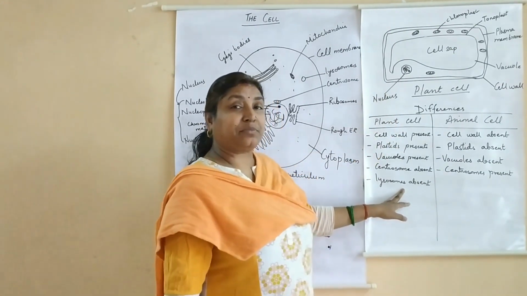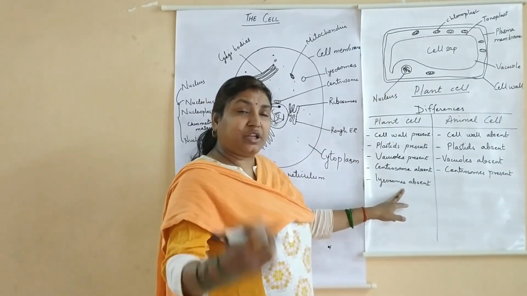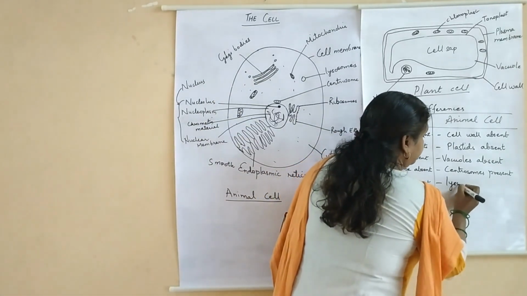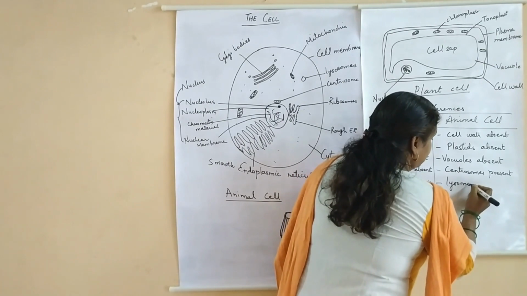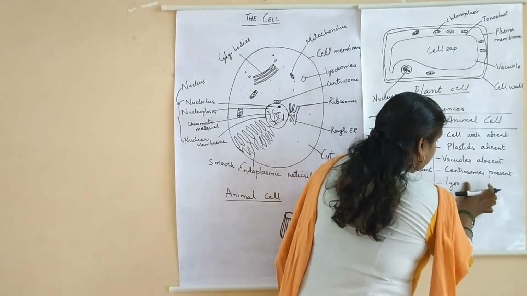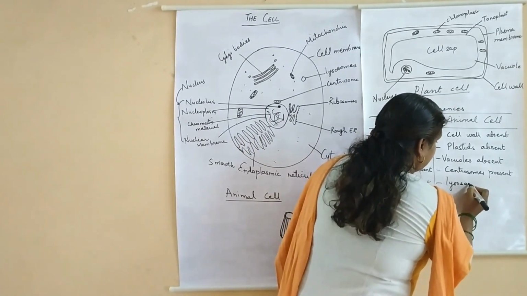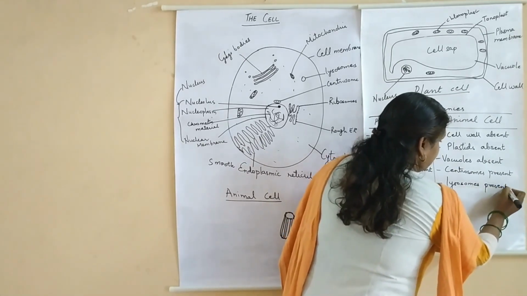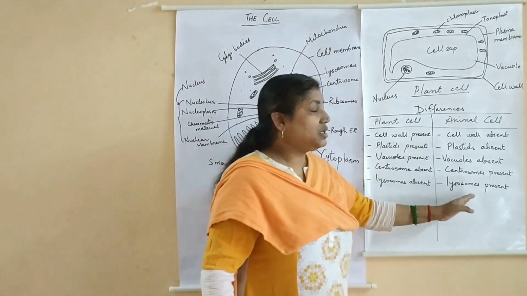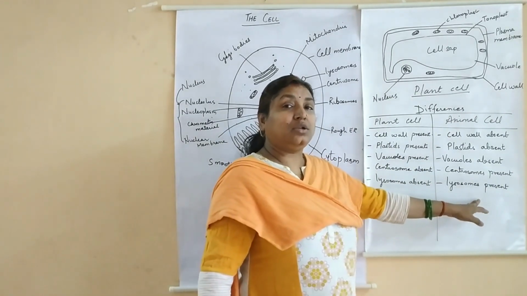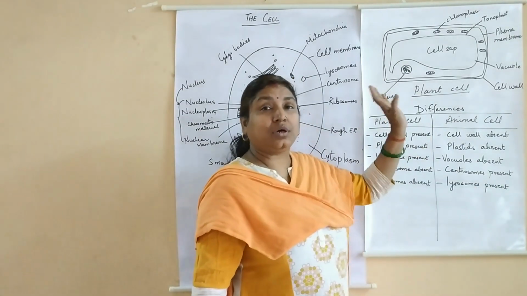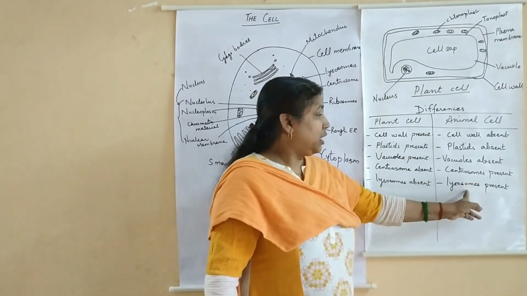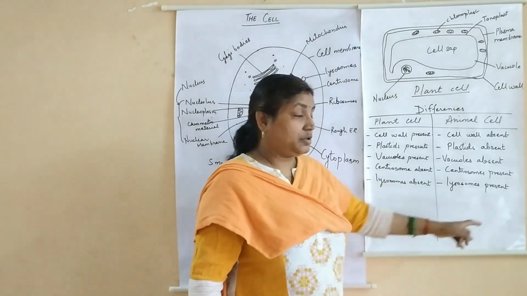Whereas in animal cells, lysosomes are present. They are numerous because they have to engulf so many dead organelles as well as microbes.